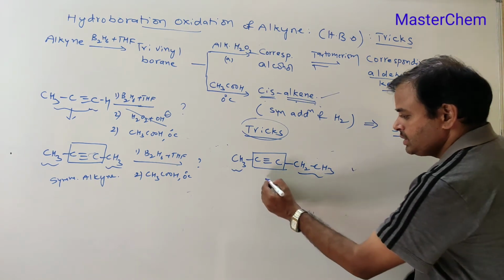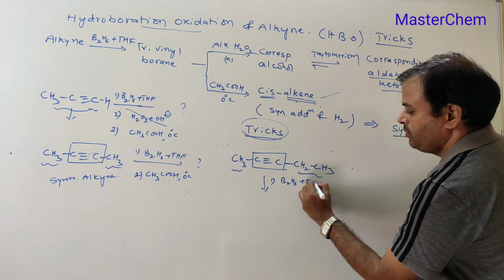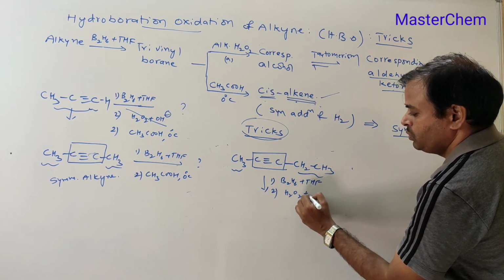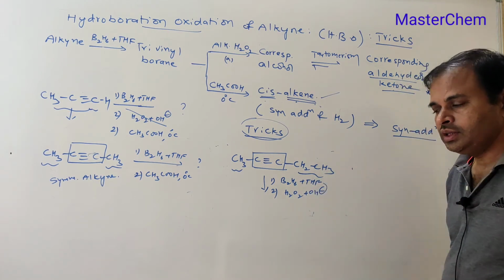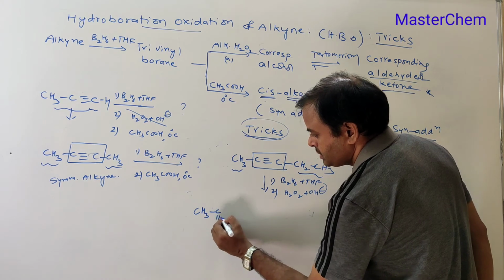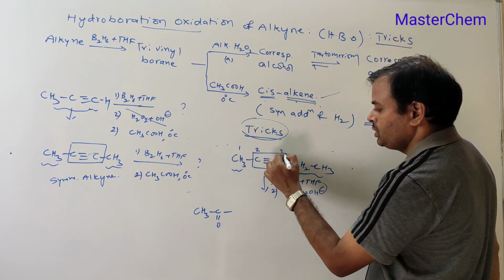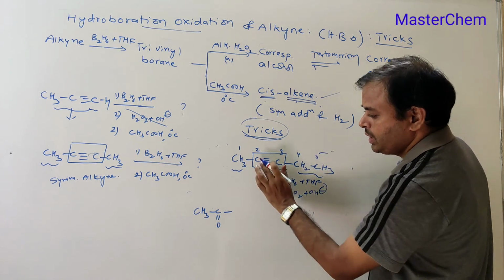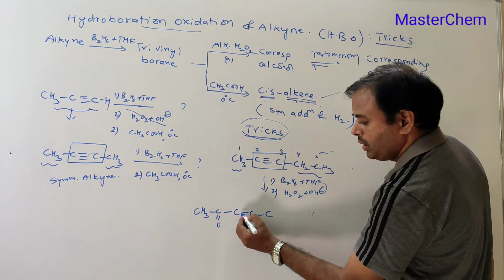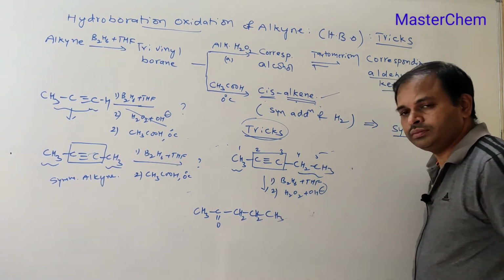Now in these cases, by reaction with B2H6 plus THF followed by H2O2 plus OH minus, you will get two products. One is by converting the second carbon, 1, 2, 3, 4, 5, into a C double bond O group and satisfying the remaining carbons with hydrogens, CH2, CH3.